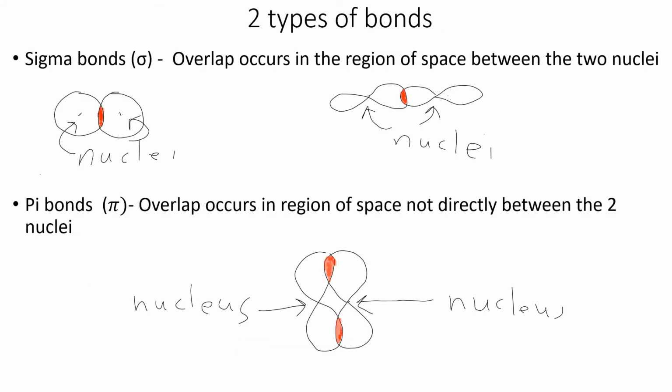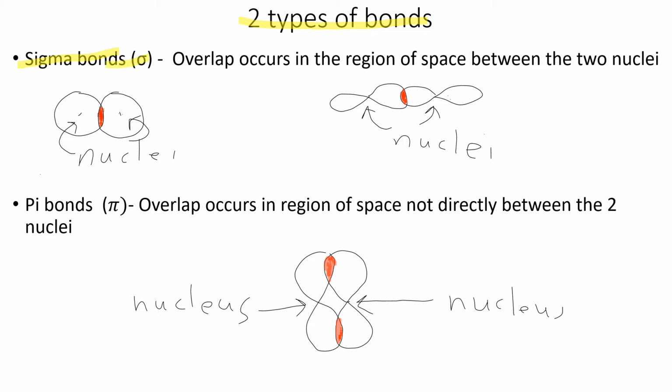So there are 2 different types of bonds we need to talk about. And this has to deal with how the overlap between the orbitals occurs. And for this, because we're a little bit more familiar with the shapes of atomic orbitals, I'll use atomic orbitals to represent these differences. So there's 2 different types of bonds that can exist. The first type are called sigma bonds.